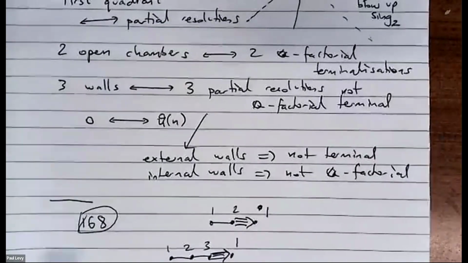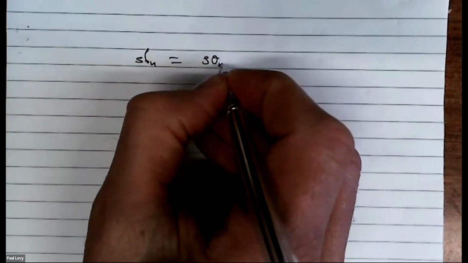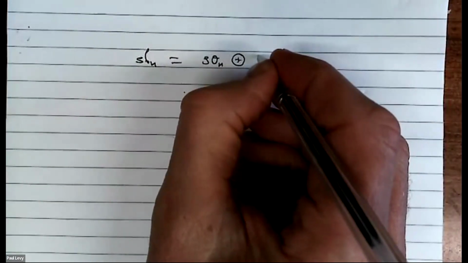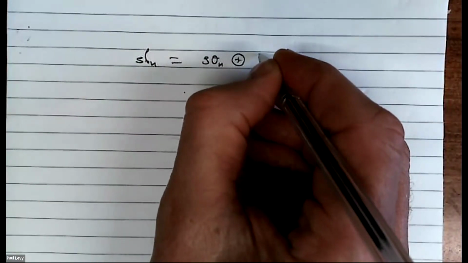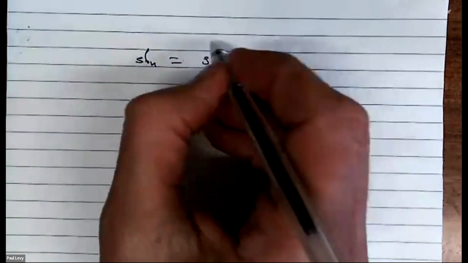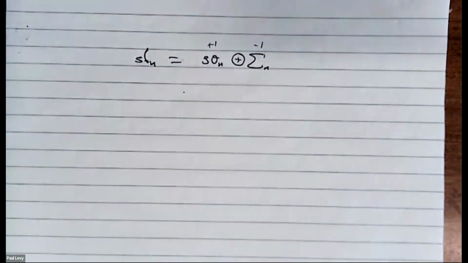So I can tell you that it embeds into, I mean, any one of these involutions, you got SLN is equal to SON plus a space that I'll call sigma, right? And so if you look at the S2 action, it's +1 -1.